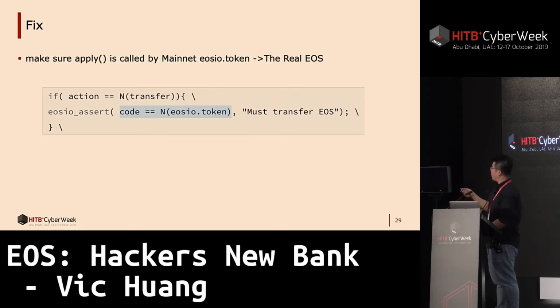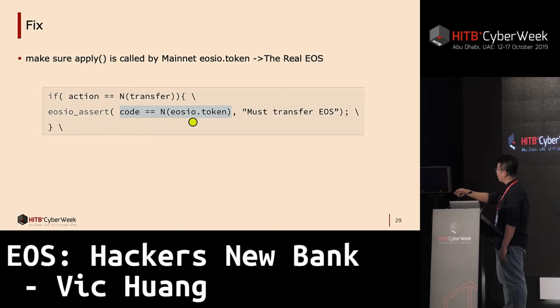So this is a way we deal with that kind of fake EOS attack. When we receive the actions in our apply function, we should check if the code, the caller, is from the EOS token, and only if the caller is from the EOS token and the action is transfer, the money named EOS is the real money.